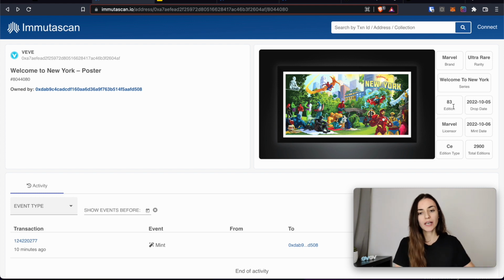So what do I mean? You don't necessarily have mint number 41 minted before this edition 83. It's possible that, for example, the 41 of this poster was actually not minted yet or not bought. So the timestamp for the mint of a lower mint number can be later than for a higher mint number.